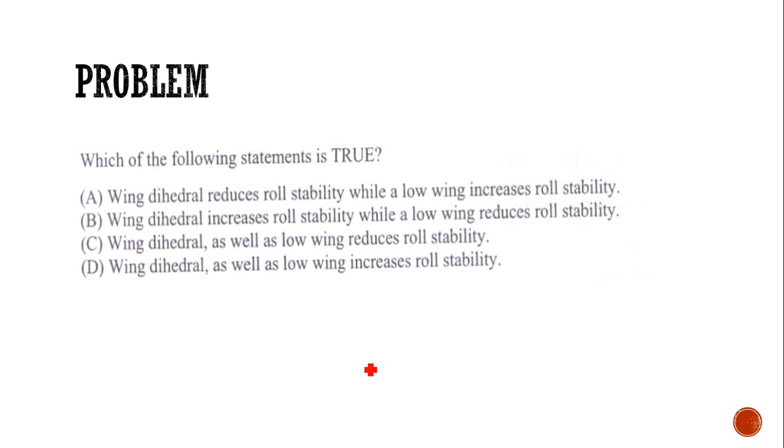See here, which one of the following statements is true? We have 4 options. One: wing dihedral reduces roll stability while low wing increases roll stability. Second: wing dihedral increases roll stability while low wing reduces roll stability.